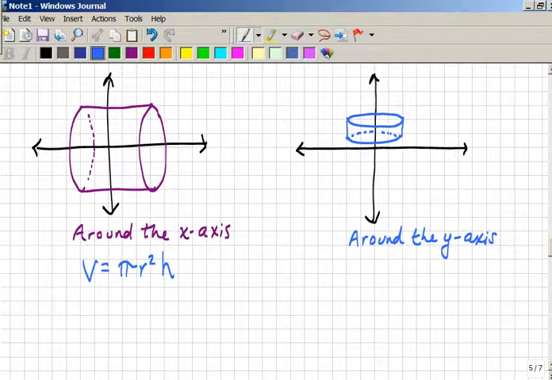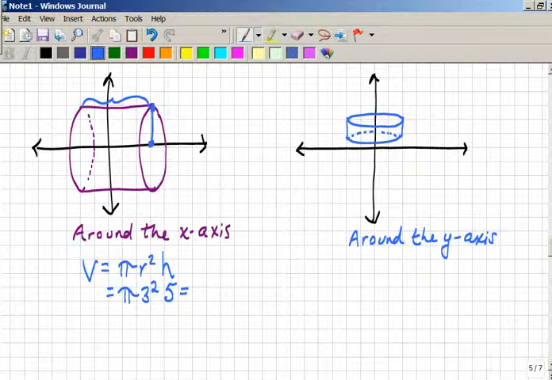If you take a look at the cylinder, it's centered on the x-axis, so the radius is the distance from the x-axis to the outer edge, which is the distance of 1, 2, 3. So the volume is pi times 3 squared times the height of the cylinder. Well, the cylinder is on its side, so the height is the horizontal distance, which appears to be 1, 2, 3, 4, 5, giving us a total volume of 9 times 5, 45 pi.